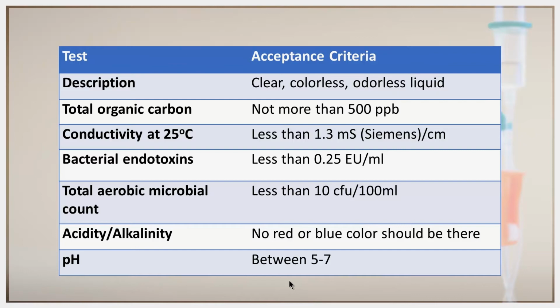As per United States Pharmacopoeia, there are certain acceptance criteria for water for injection: it should be a clear, colorless, odorless liquid with total organic carbon of not more than 500 ppb, that is parts per billion, and conductivity at 25 degrees centigrade should be less than 1.3 millisiemens per centimeter, and the limit for bacterial endotoxin should be less than 0.25 EU per ml, that is endotoxin units per ml, and the pH of water for injection should lie between 5 to 7.